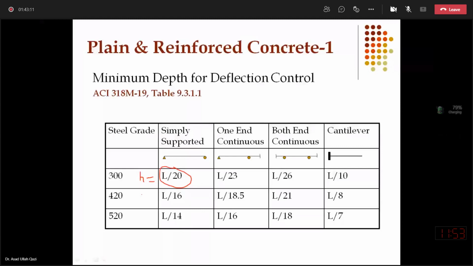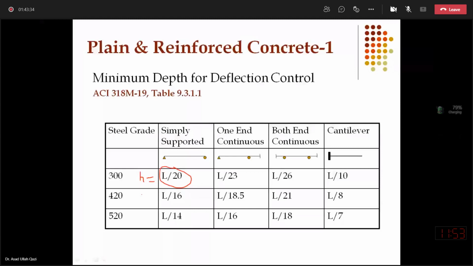So you can comment that in order to fix the H of a cantilever beam reinforced with grade 300 steel bars, highest H required will be L by 10, span by 10 for cantilever beams, and lowest required will be L by 26 for a beam which is both end continuous.